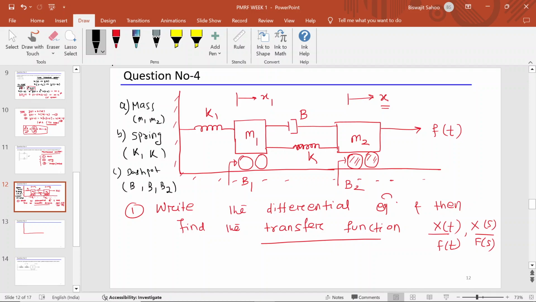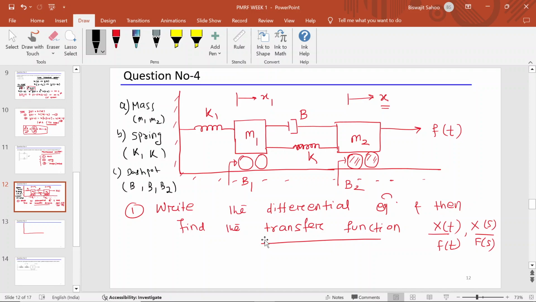First of all, to solve this, you have to draw the free body diagram of both the masses. Remember that this type of equation you are going to solve by applying the superposition theorem. Superposition theorem means you calculate the individual response on mass M1 and the individual response on mass M2 separately, and then you add them.